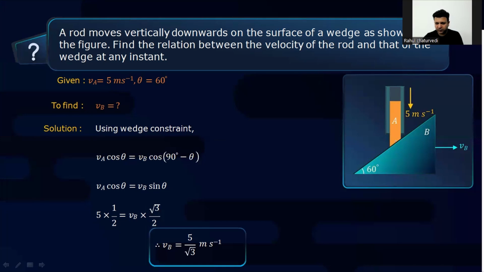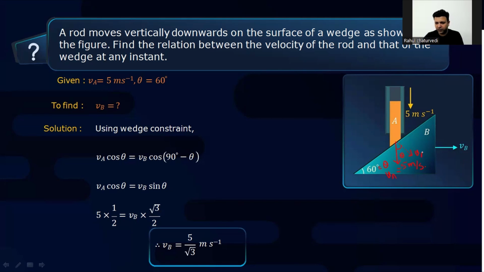So this velocity will be 5 meters per second, or you can write it as VA. The direction is perpendicular to this inclined plane. This angle is 60 degrees, theta, so this is also theta.